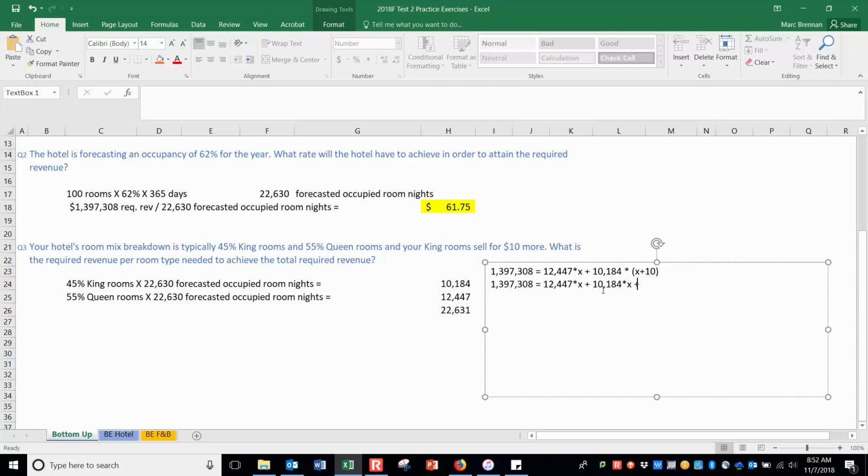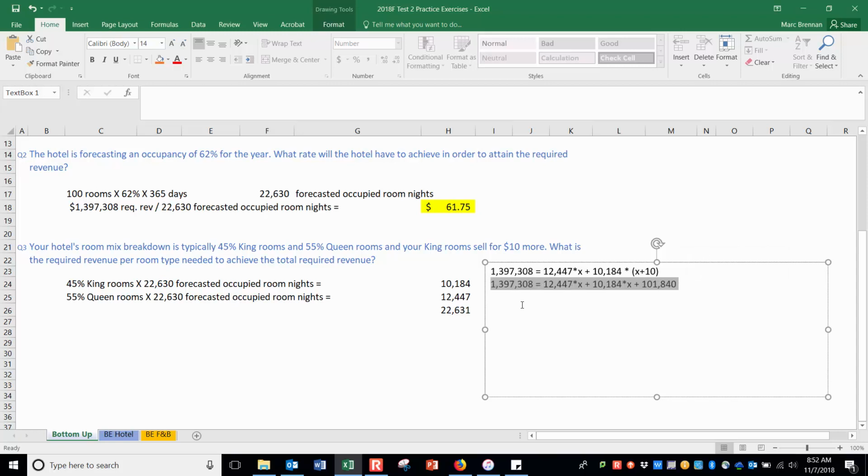And then I'm going to add 10,184 times 10, which should be $101,840. All I did is I went 10,184 times X first, and that's where I got this from, and then I went 10,184 times 10, and that's where I got this information from.